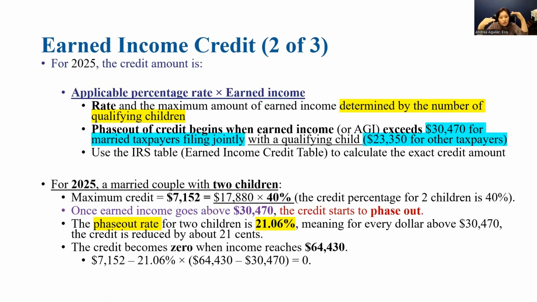You will not lose the benefit if you make $18,000, make $20,000, $25,000. As a couple, if you're earning that amount of money, you still are going to get the maximum credit. But once you reach $30,470, that's when you're going to start losing the benefit of getting the earned income credit.